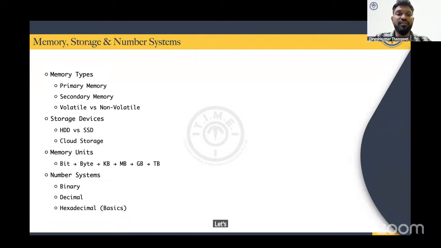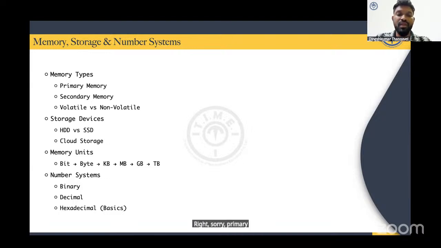Let's start with the first one. First, let's separate memory into two big categories. One is primary, another one is secondary. In primary, we have RAM, cache, and registers. These three come under primary memory.